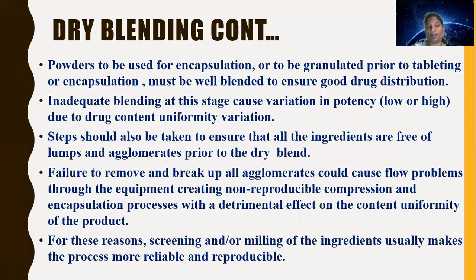But if the powder has good flow properties, and because of the lumps and agglomerates it is not showing any flow properties, then what we have to do is avoid these lumps and agglomerates. Otherwise, non-reproducible compression and encapsulation lead to a detrimental effect on the content uniformity of the product.